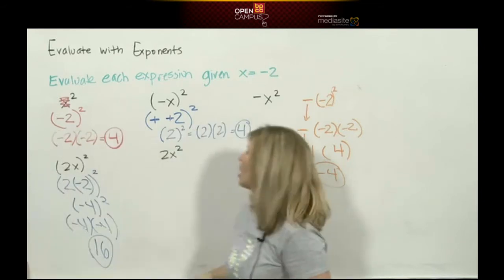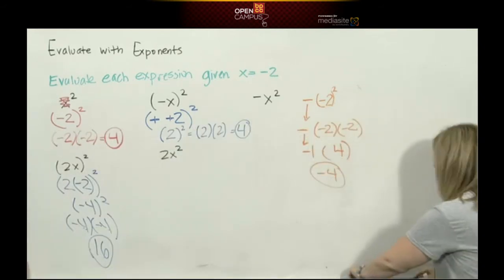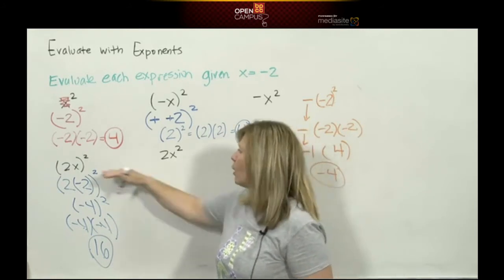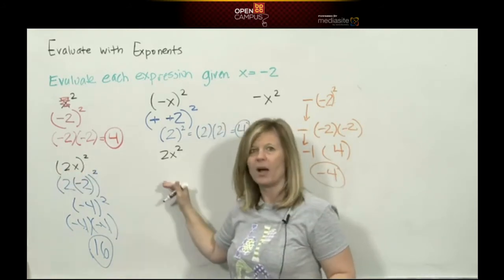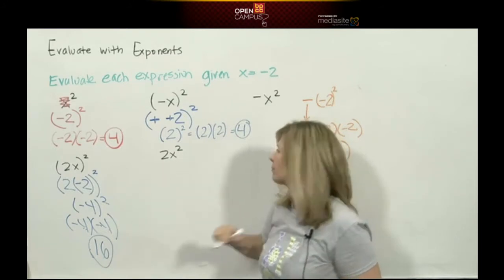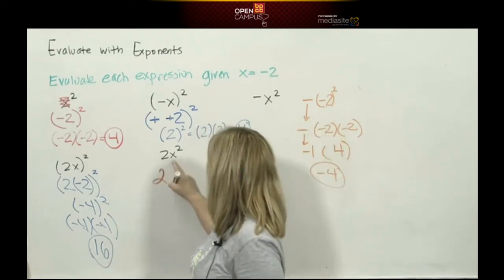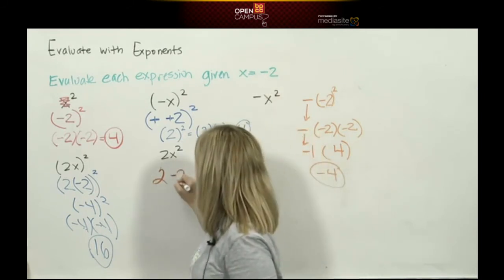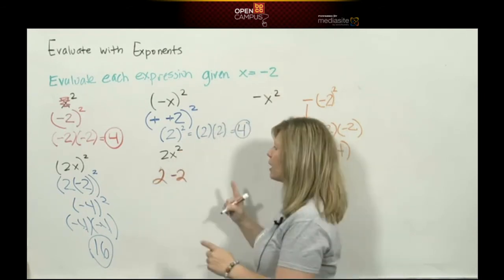All right. Let's go to our last expression. If you look, now I do not have the parentheses. So even though I read these the same, they both read 2x squared, this means something different. We're going to bring down the 2. We're going to replace the x with what number? -2. And then there's this exponent. Everybody look.